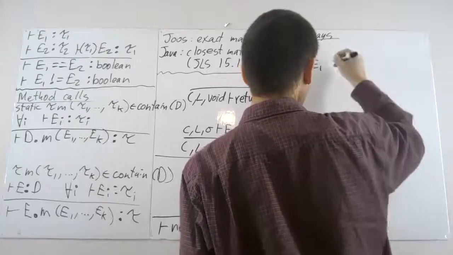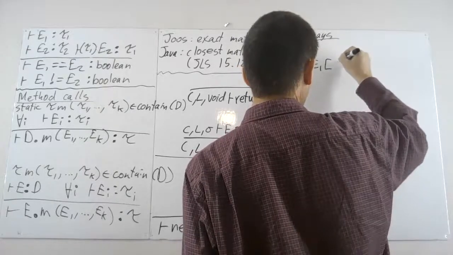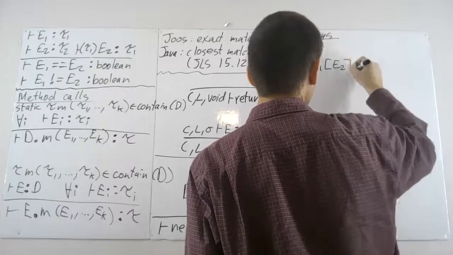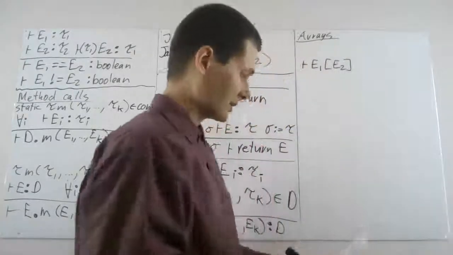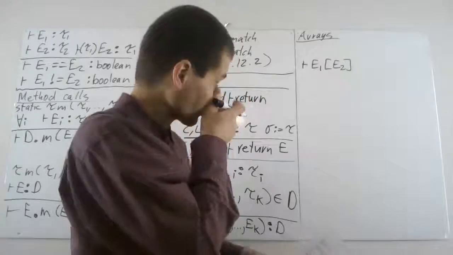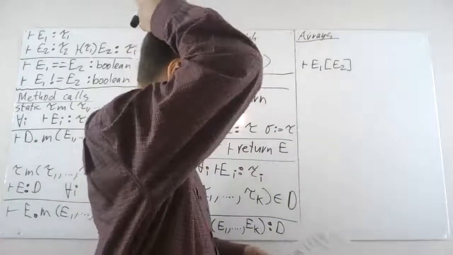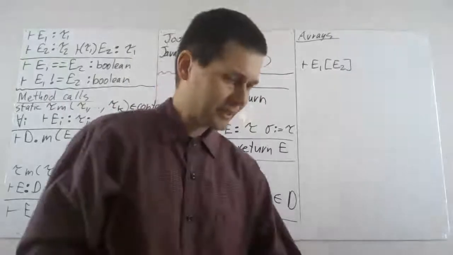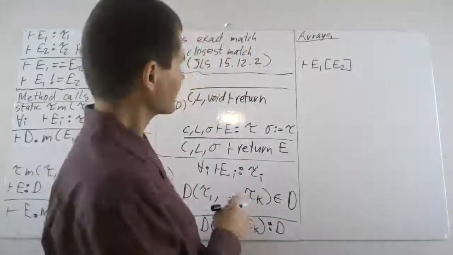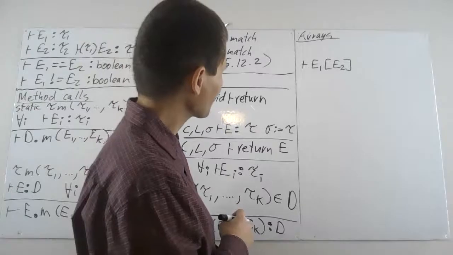I have an expression, and then I have square brackets, and I have some expression inside the square brackets, and I want to type check this.